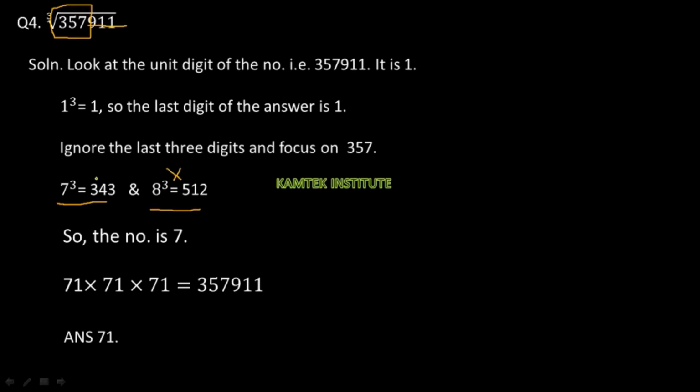But 7 cube is 343, which is less than 357. So 7 is the 10th digit of the answer we're looking for. And the unit digit was 1 over here. So the cube root of the number 357,911 is 71. Since 71 cube is 357,911.